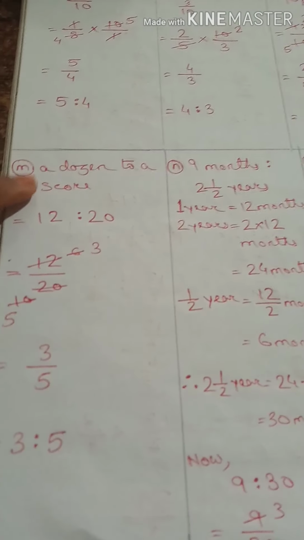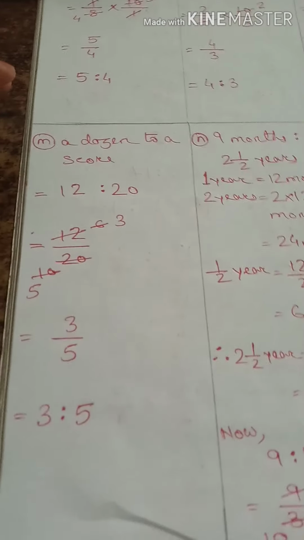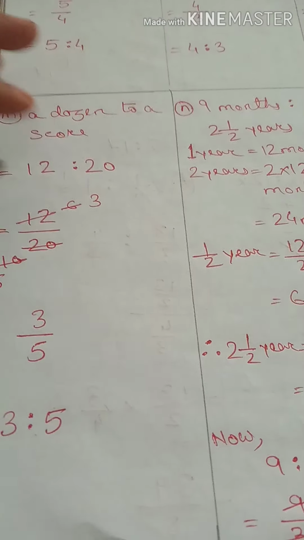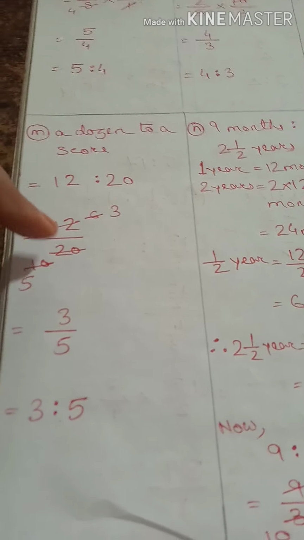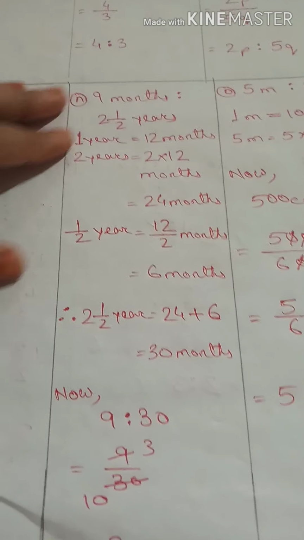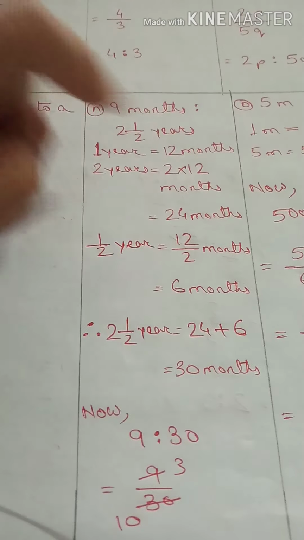Next, a dozen to a score. Always remember, dozen means 12 and score means 20. So a dozen is to a score means 12 is to 20. The rest is as it is: 12 by 20, then you cancel it. Our final answer is 3 is to 5. Next, 9 months is to 2.5 years. Now 1 year equals 12 months.